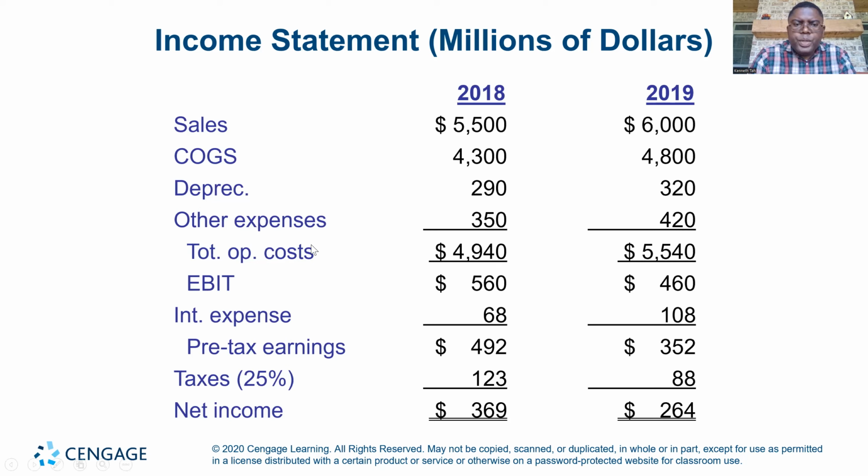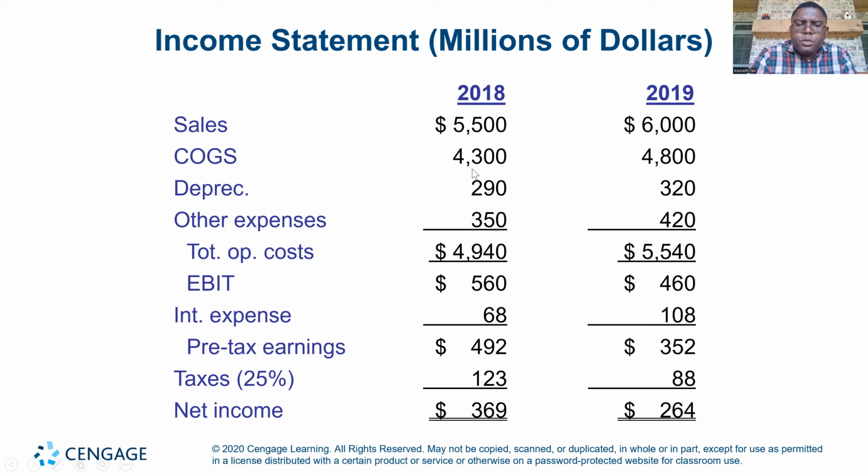It begins with sales revenue, and then we have the cost of goods sold. The cost of goods sold include things like labor, raw materials, and other expenses that are directly related to the production or purchase of items or services sold in that period.